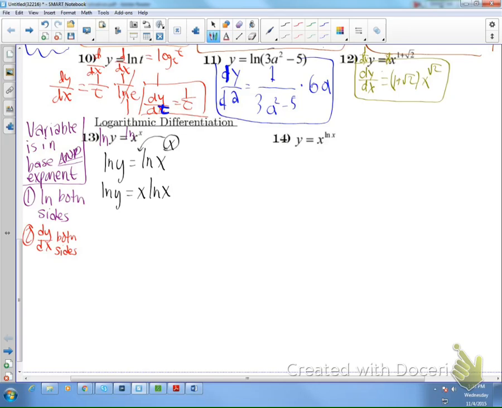Okay? So our formulas we have above are in forms of log, not natural log. So really quick, let's do d dx both sides. D dx, not natural log y, but can I do log base e of y? Yes. And d dx, x times the log base e of x. Can we do that?